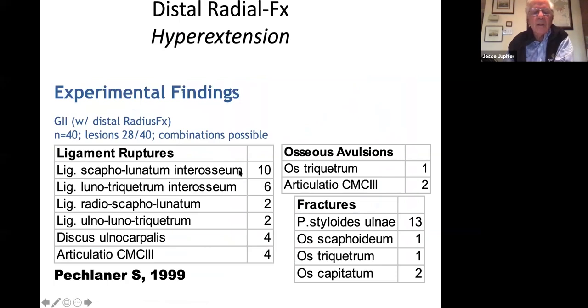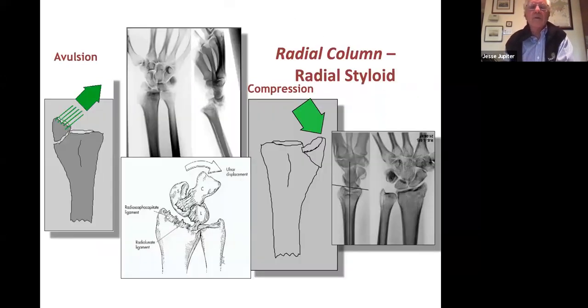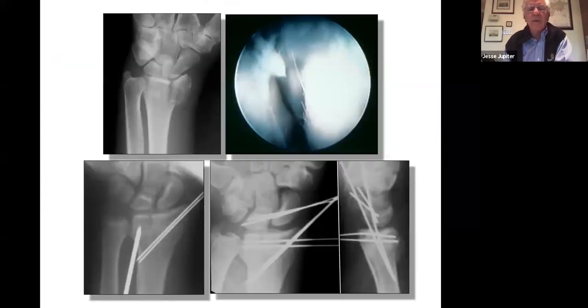Look how many problems they saw. Now, you couldn't tell which was there before, but frankly, it was likely to occur because that's how you had asymmetric loading. And this has been shown on arthroscopy. We know that when you have these avulsions, like the Chauffeur's fracture, you may have a scapholunate ligament injury.